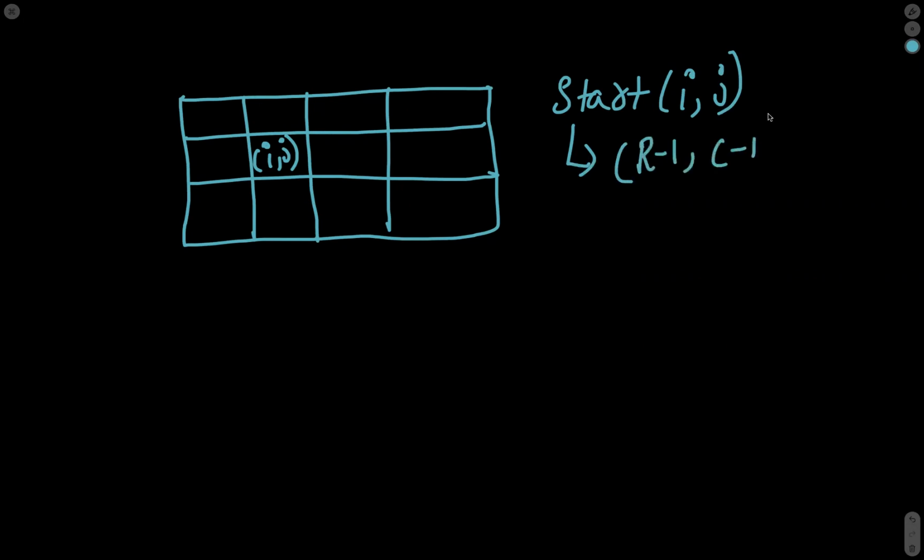That means I need to get a recurrence formula to find the total number of paths starting from I comma j to the end of the matrix, that is r minus 1 comma c minus 1.